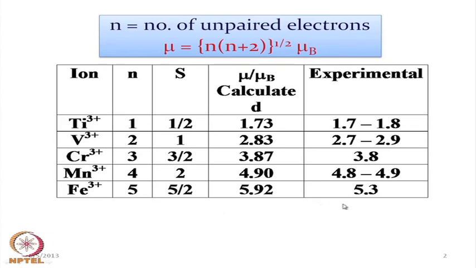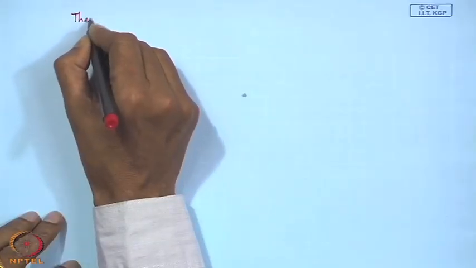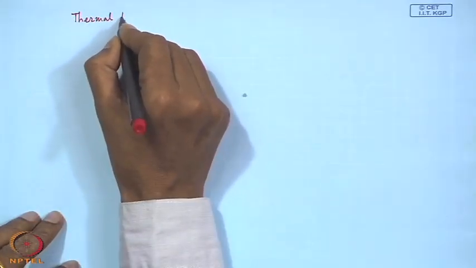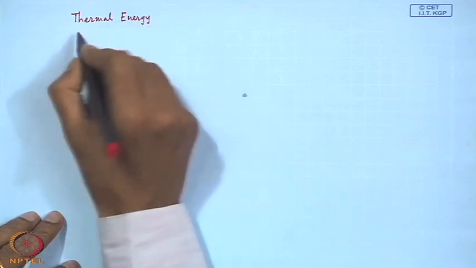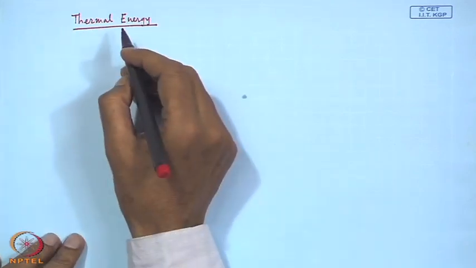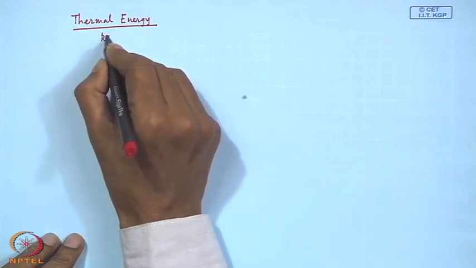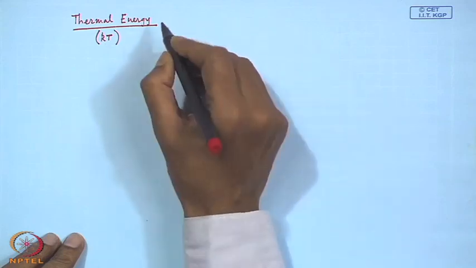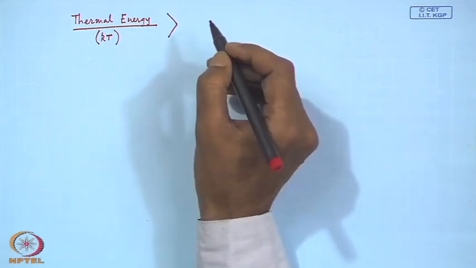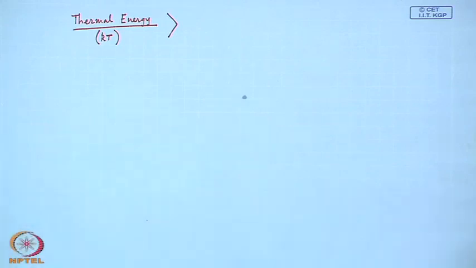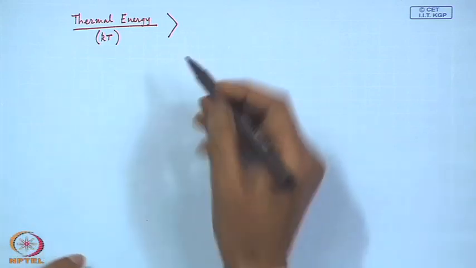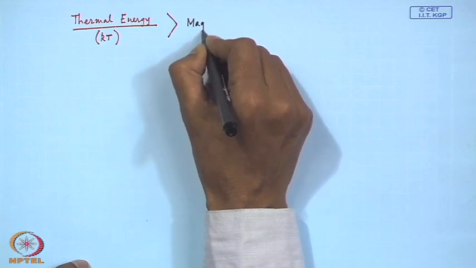So these spin only values can be very useful when we have a particular arrangement for the first transition series ions, because we have the available thermal energy, in terms of the kT values, and this thermal energy can control the magnetic properties of the metal complexes.